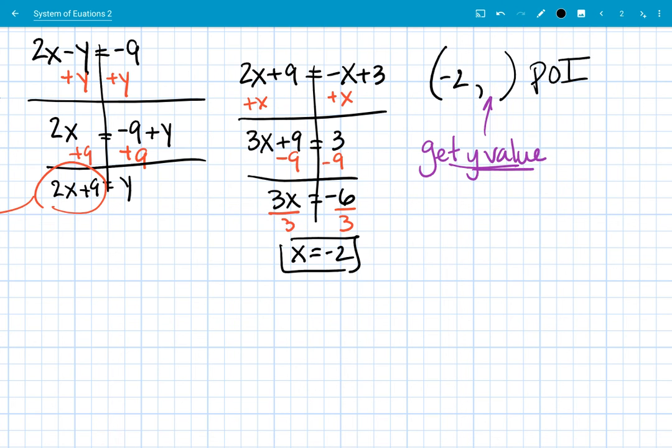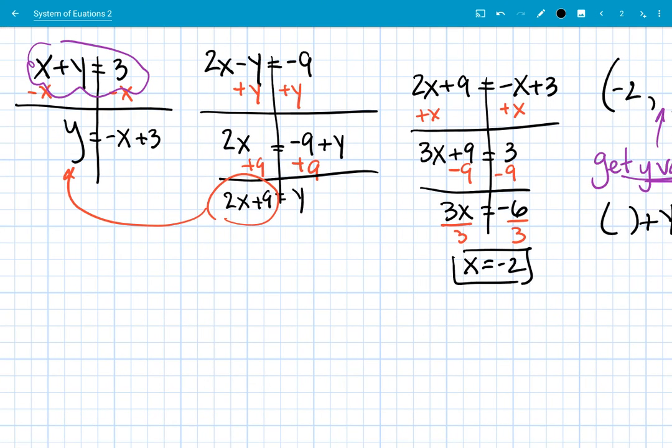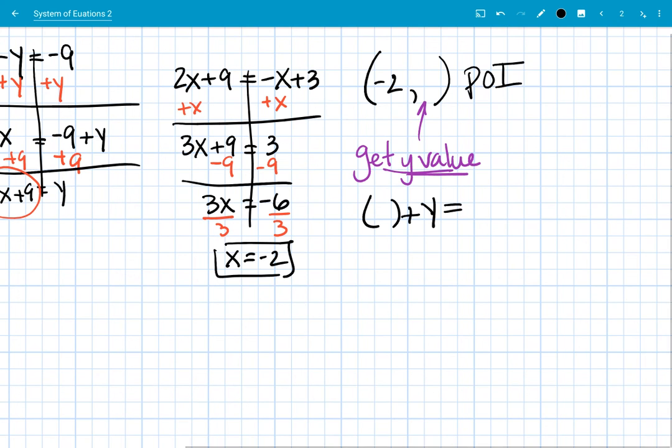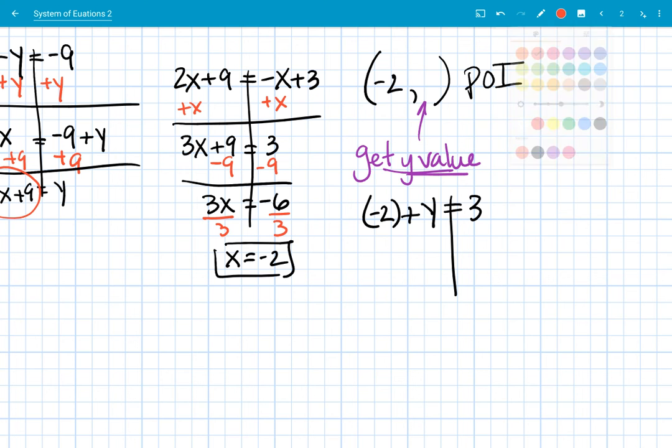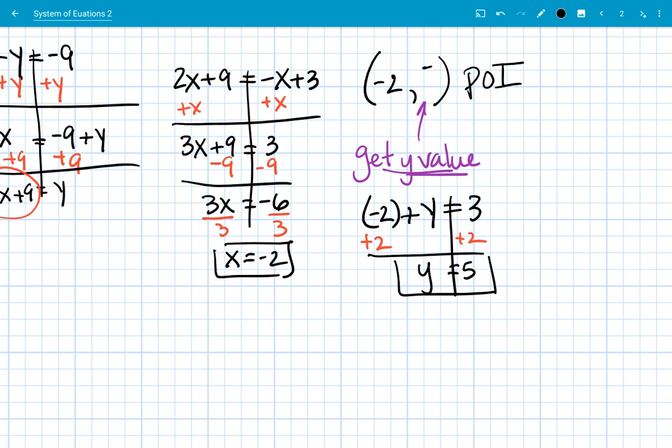So according to that equation, x plus y equals 3. And we said that the x is negative 2. So we need to solve for y. So we'll add the 2. That's a coincidence, because look at that. We got y equals 5 again. All right, so negative 2 comma 5, according to that first equation, is the point of intersection.